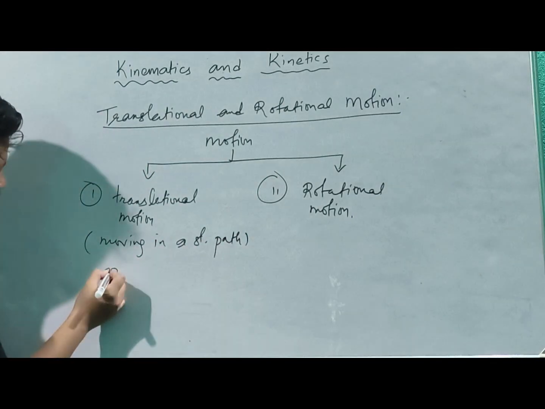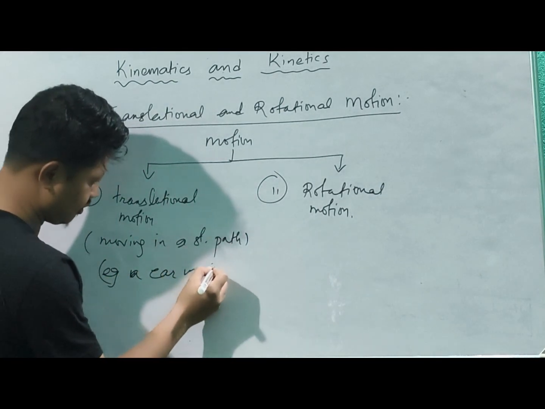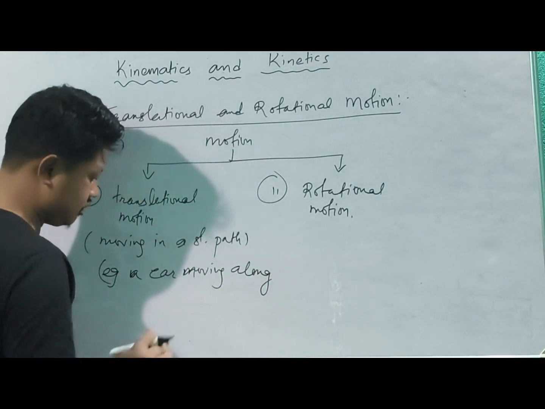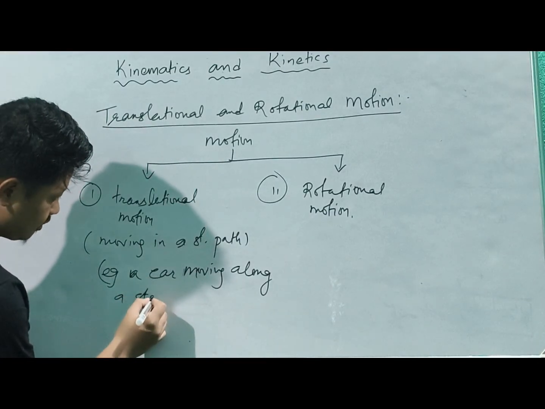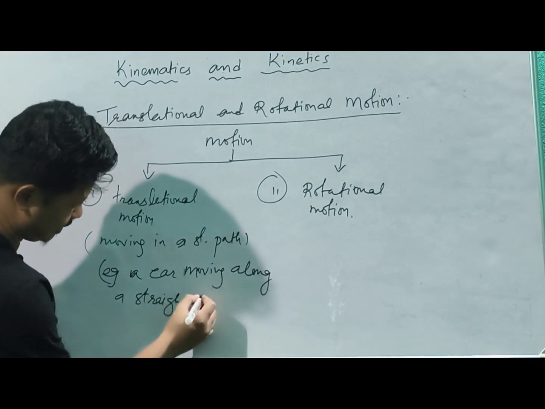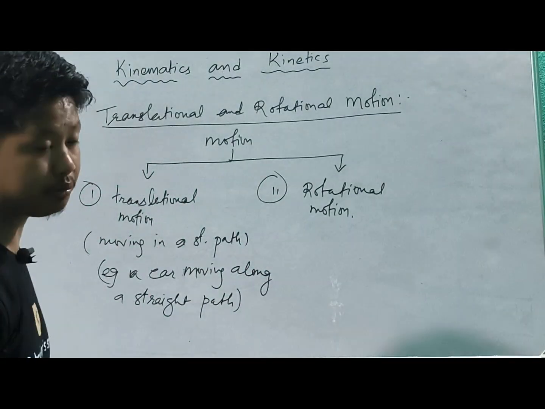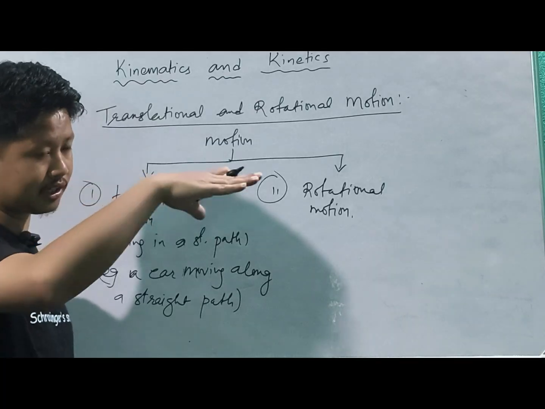Example: a car moving along a straight path. That gives the example of translational motion. In translational motion, there is no change in direction. It will go in one direction, one direction, one direction.